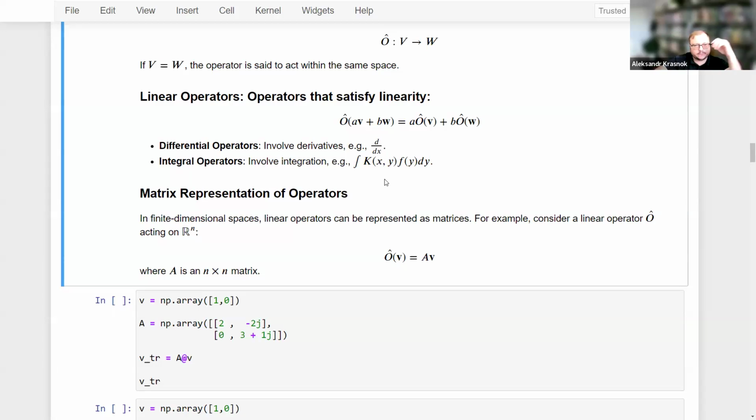You can rotate this vector. And this operation will be given by some sort of a matrix. Okay, so matrix acting on a vector will generate another vector in the same Hilbert space.